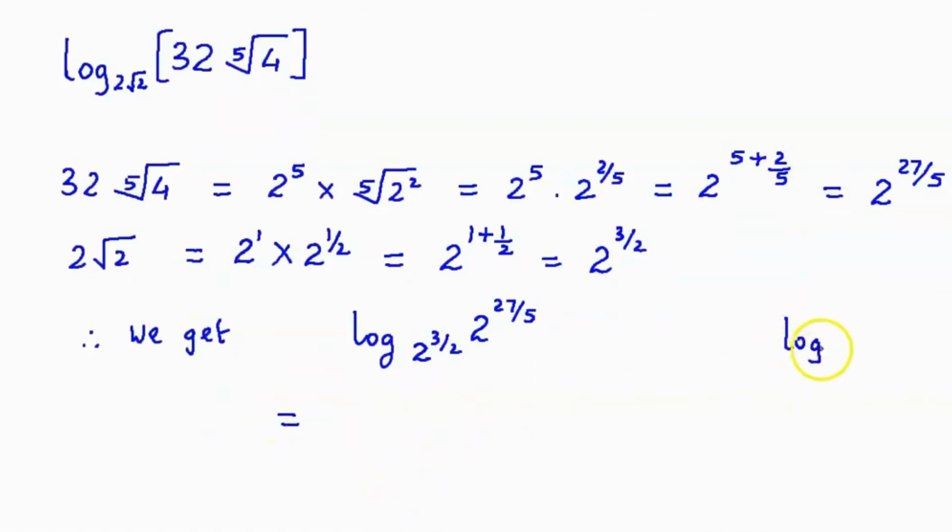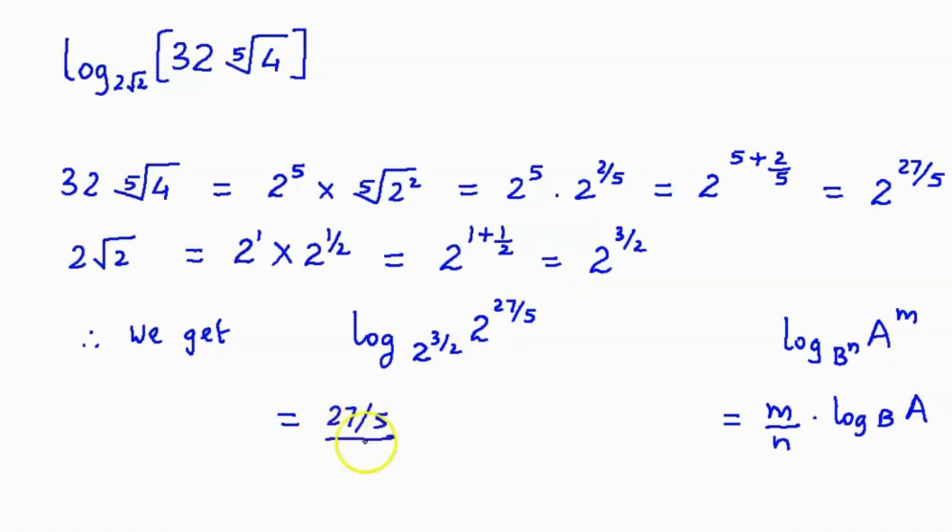We will use this property of log: log of a raised to m, and here if b raised to n, this could be written as m upon n times log a to the base b. So here this is m and here this is n, so this could be written as 27 by 5 upon n is 3 by 2, so 3 by 2 into log 2 base 2.